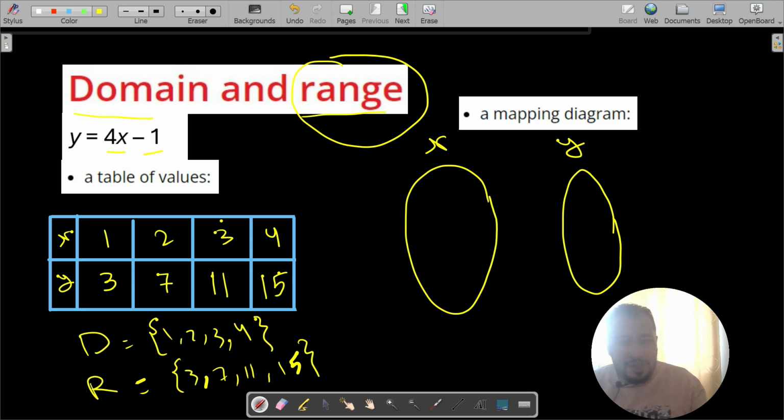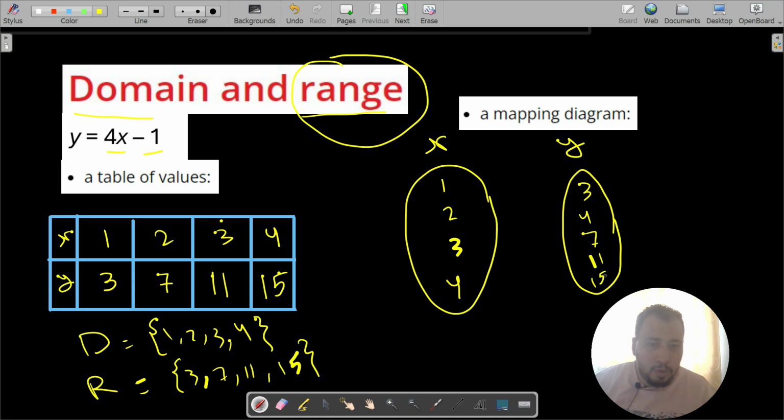For example, the numbers we used, 1, 2, 3, and 4, and the values of y which we got, 3, 7, 11, and 15. So let me write, for example, 3, 4, 7, 11, and 15.